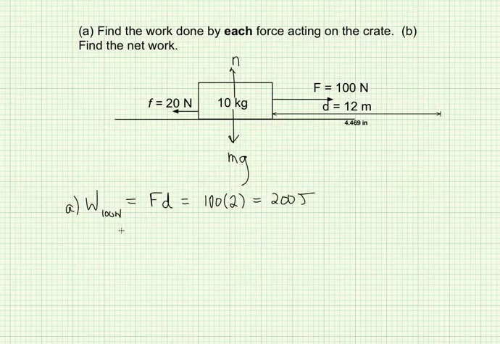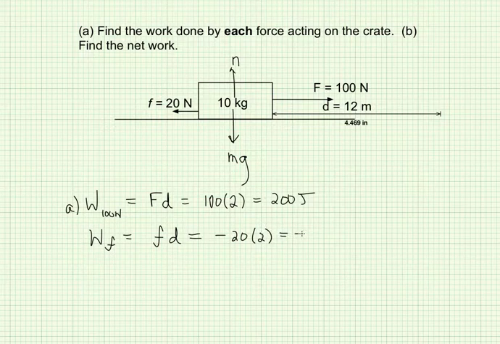The next one I need to do is the work done by the frictional force. This is simply going to be the frictional force times the distance. They're parallel with one another. However, friction's going in the opposite direction, so I'm going to make that a negative 20 times 2, and that's going to give me negative 40 joules.